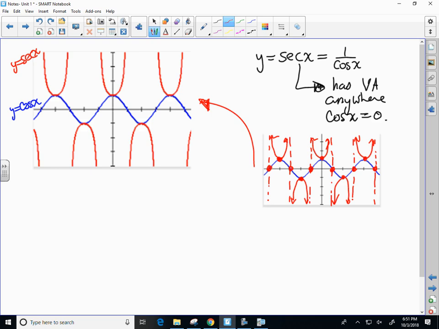Same thing works with cosecant. You draw the sine function, find all the zeros, draw asymptotes, and then just flip the relevant curve. But you have to flip it within the rules of the situation. Right? It has to also have an asymptote. So it means that not only are we flipping it, we're not going to terminate at 0. We're going to terminate at the opposite of 0, reciprocal of 0. 0 versus undefined.